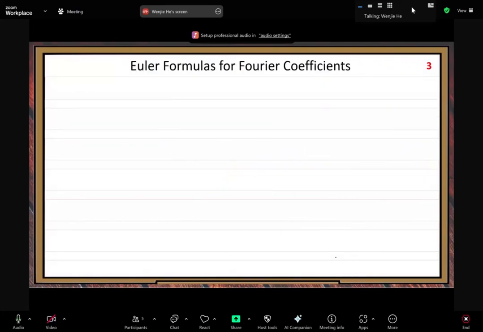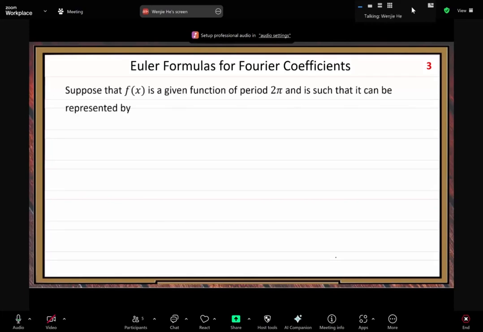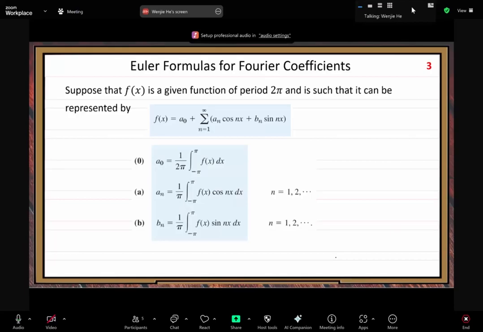Euler formula for Fourier coefficients. Suppose that f of x is a given function of period 2 pi and is such that it can be represented by the trigonometric series. Then, how to calculate these coefficients, right?